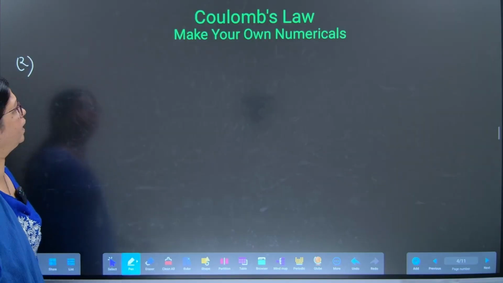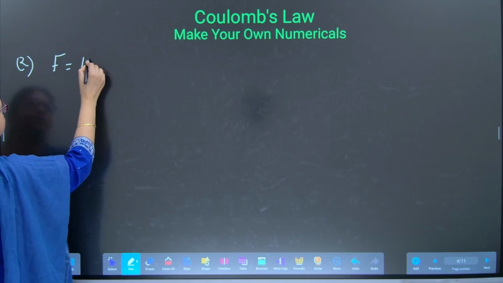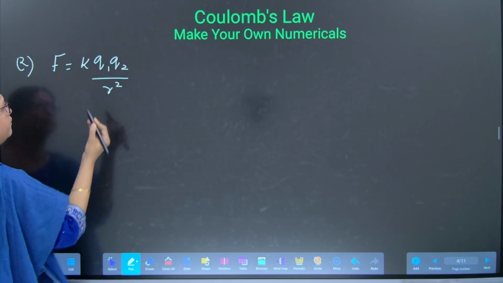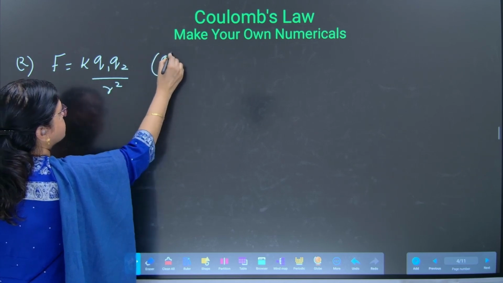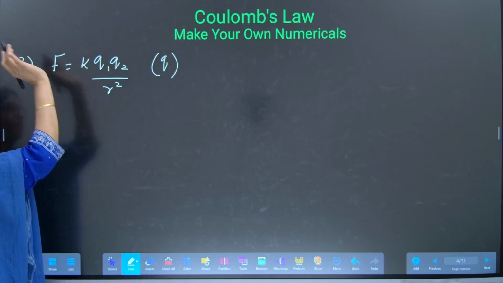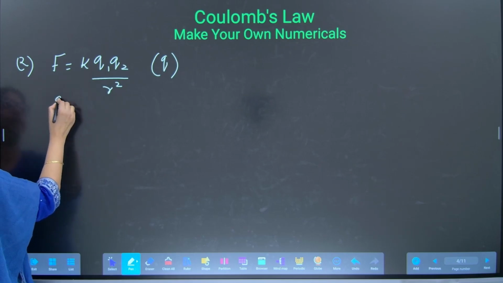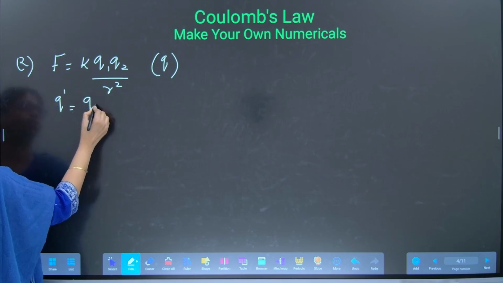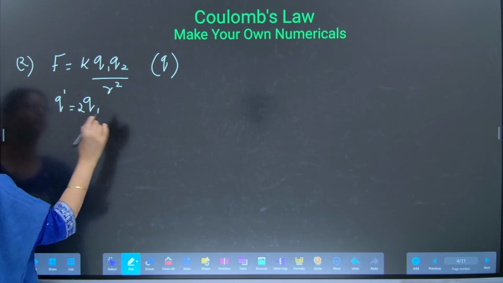Okay. Now we come again back to the formula. F is equal to K Q1 Q2 upon R square, where we can make the variation in the charges compared to the given charge. So let us make the variation that we have doubled the charge Q. So we got a new charge Q dash is equal to 2Q1.